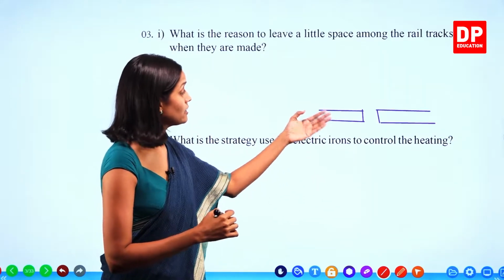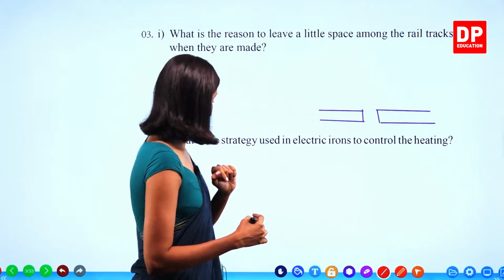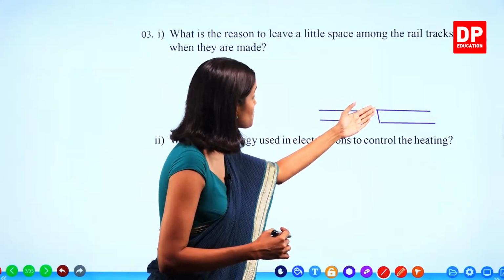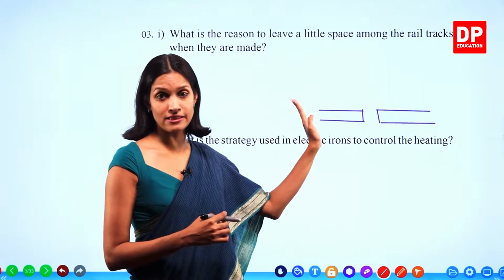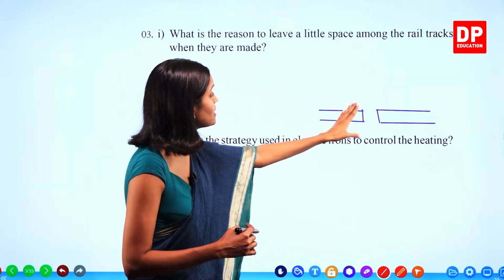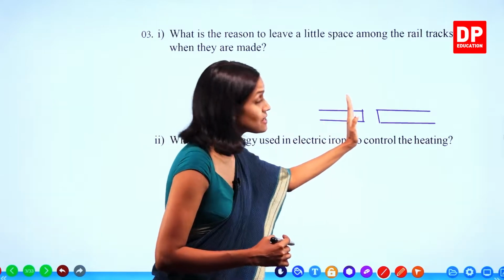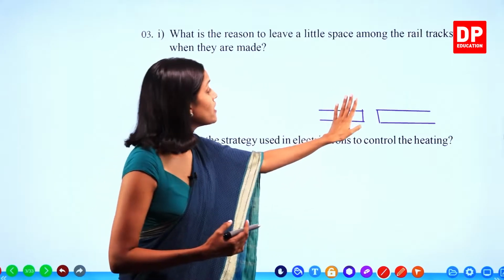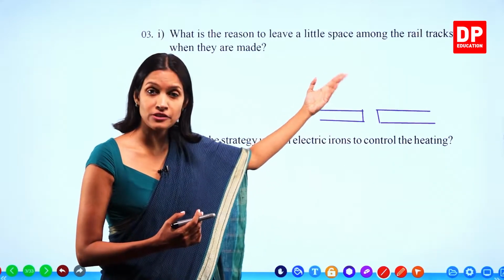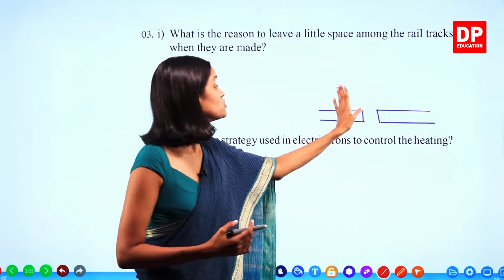When they expand, their length increases, and therefore we have to leave space in order to increase the length. Otherwise, if they are too close, they don't have enough space to increase the length because of expansion. Therefore, these rail tracks will bend sideways. To prevent this, we have to leave a gap between 2 rails.